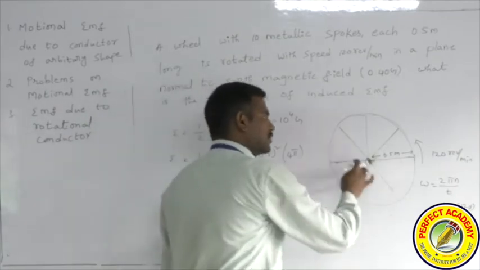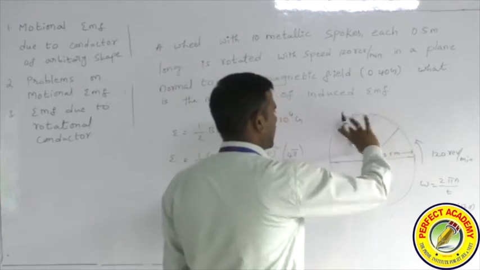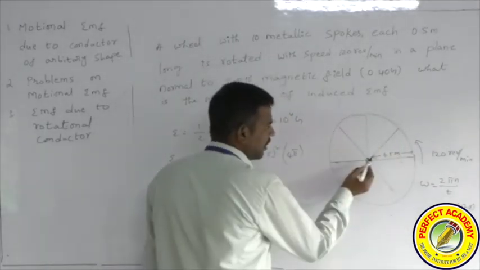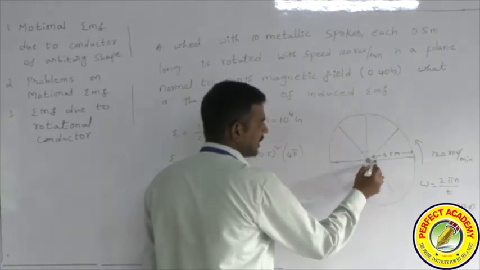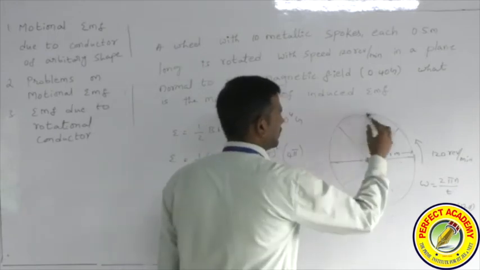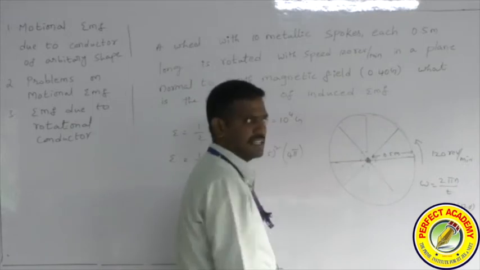Why? Because these conductors are all connected in parallel. Why can I say it is parallel? Because all the spokes' initial ends are connected to the axle, and all the spokes' final ends are connected to the rim. Therefore these rods are in a parallel circuit.